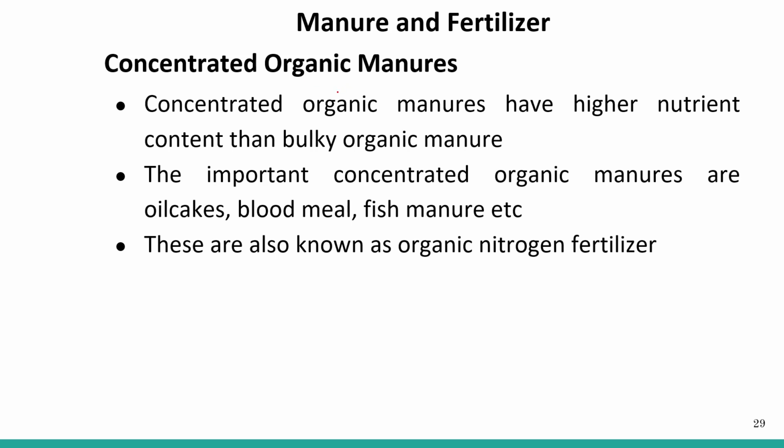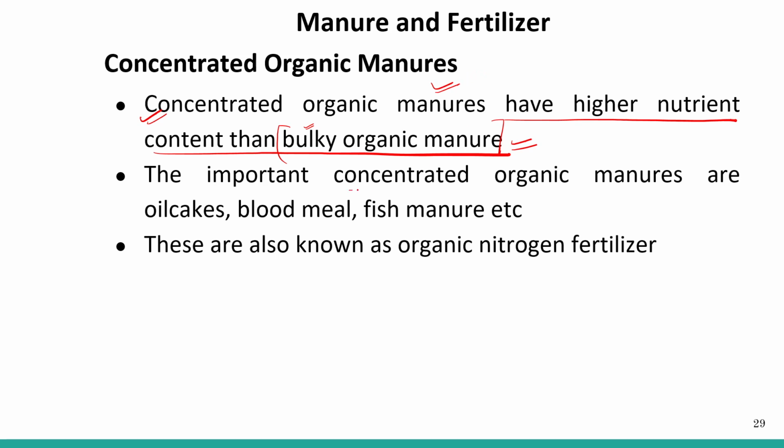Concentrated organic manures have higher nutrient content than bulky organic manures. So we have two major classes of manure: bulky organic manure and concentrated organic manure. Bulky organic manure has a relatively small amount of nutrients, but a bulk of organic matter, which is why it got its name. But concentrated organic manure is rich in nutrients.